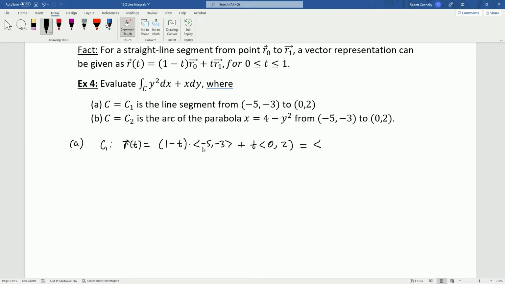This gives us the vector -5 times (1 minus t), that's -5 plus 5t, and -3 plus 3t, plus the vector t times (0, 2), which is 0 and 2t. Now we sum those up, and we get the vector (-5 plus 5t, -3 plus 5t). And of course, this is for t between 0 and 1.